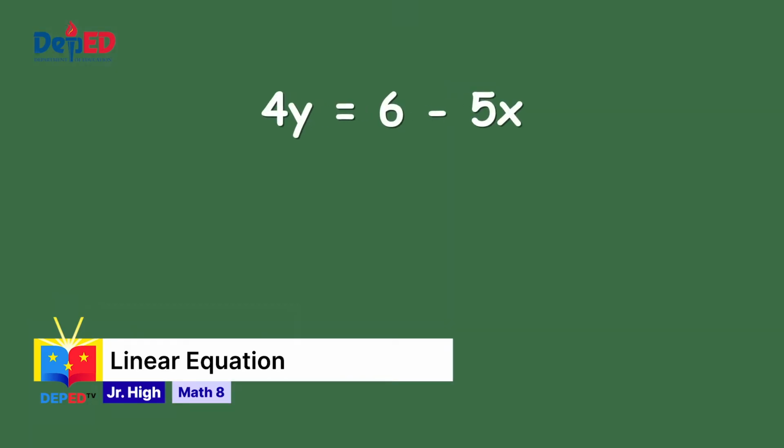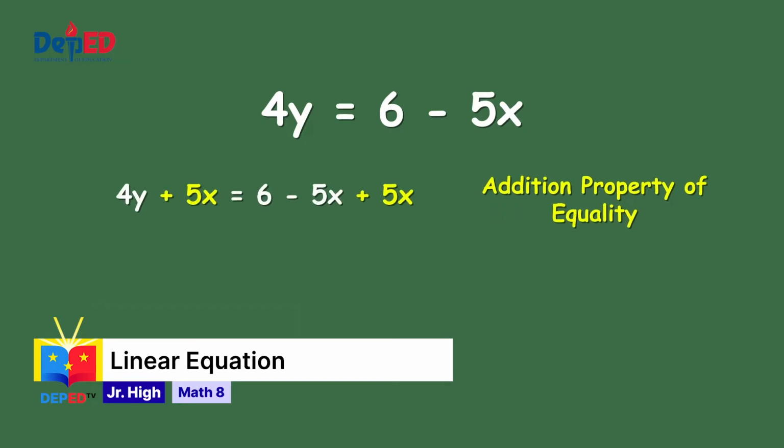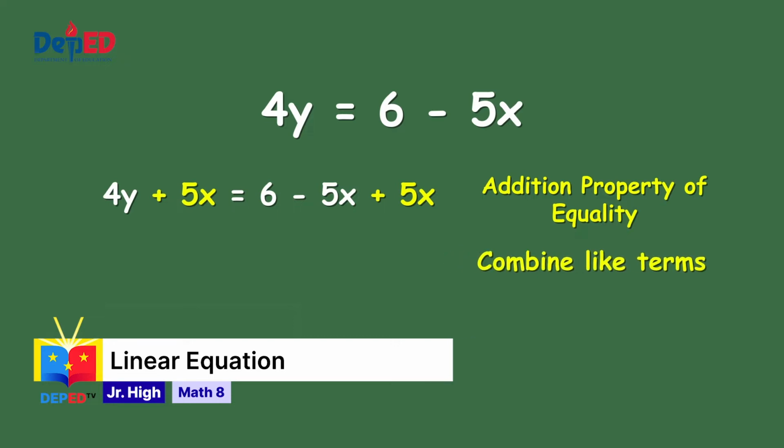Let's write this in standard form. By the additive inverse property and the addition property of equality, we will have 4y plus 5x equals 6 minus 5x plus 5x. Combining like terms, we will have 4y plus 5x equals 6.